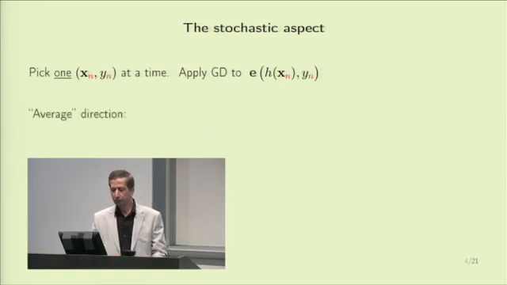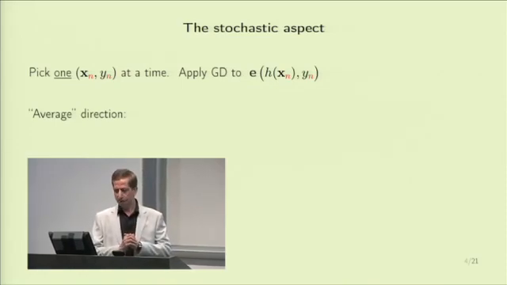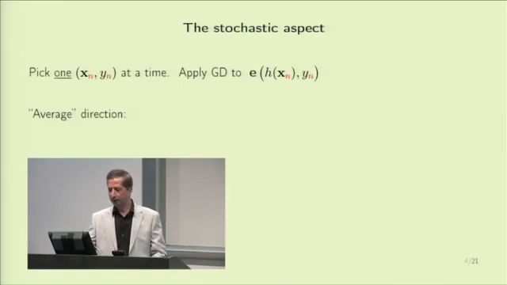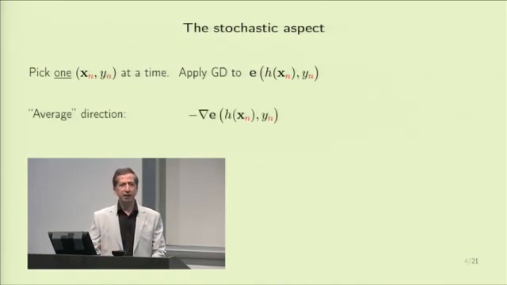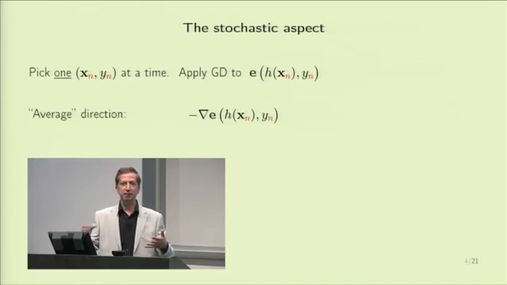Now, to argue that it will work, think of the average direction that you are going to descend along. So what does that mean? If you take the gradient of the error measure that you are going to minimize, which in this case is just for one example, and you take the expected value under the experiment that you pick the example from the entire training set at random, then if you want the expected value with respect to the random variable n, this is what you get.